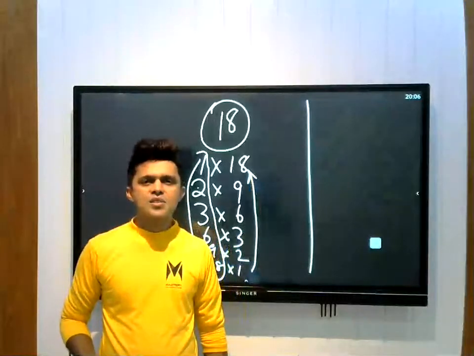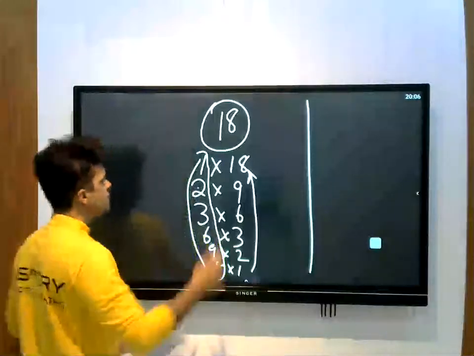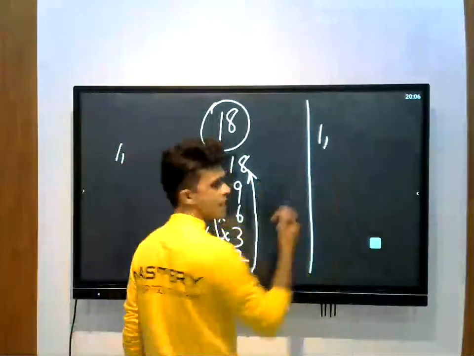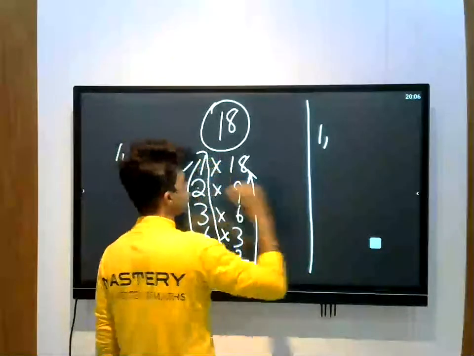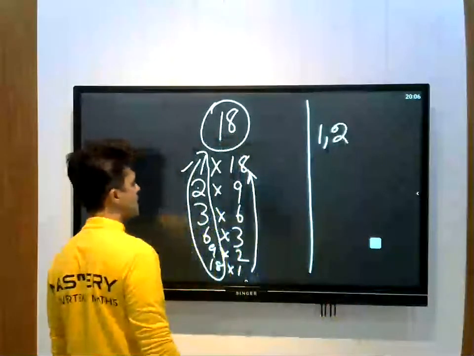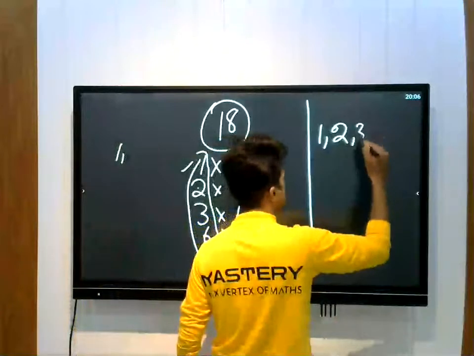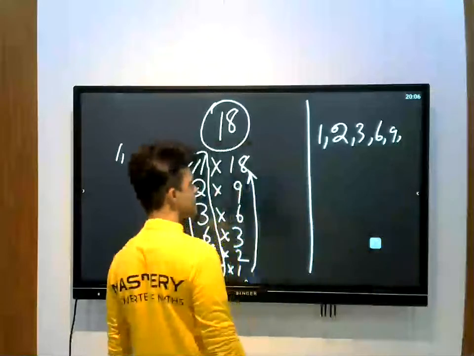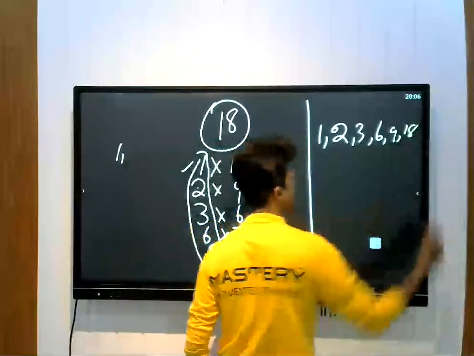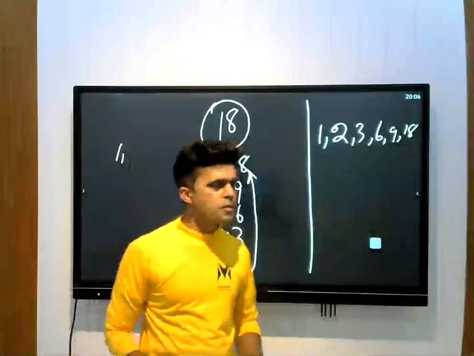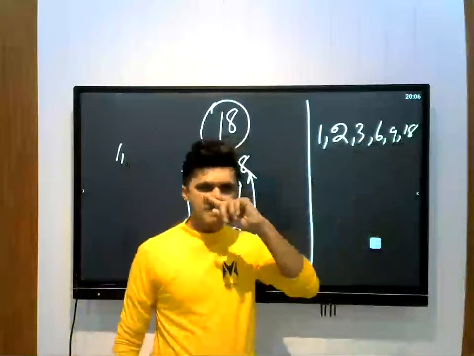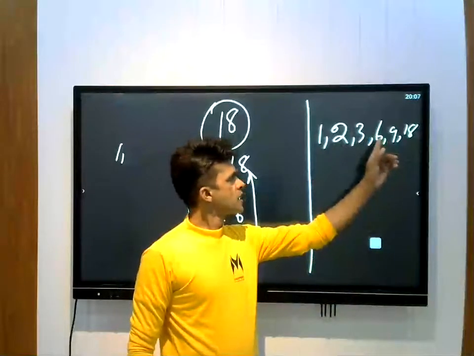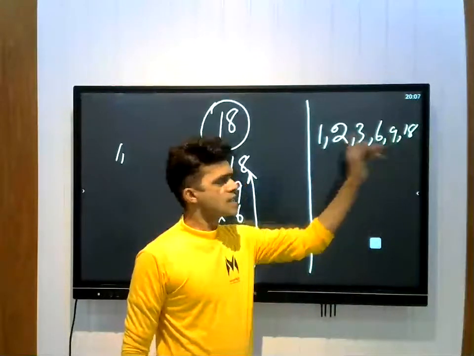These are the factors of 18, which means 1 can be taken as a factor, 2 can be taken as a factor of 18, and 3, 6, 9, and 18. 1 times 18 is 18, 2 times 9 is 18, 3 times 6 is 18, 6 times 3 is 18, 9 times 2 is 18, 18 times 1 is 18.